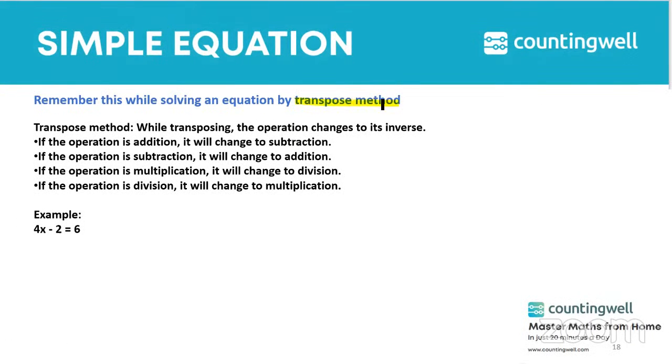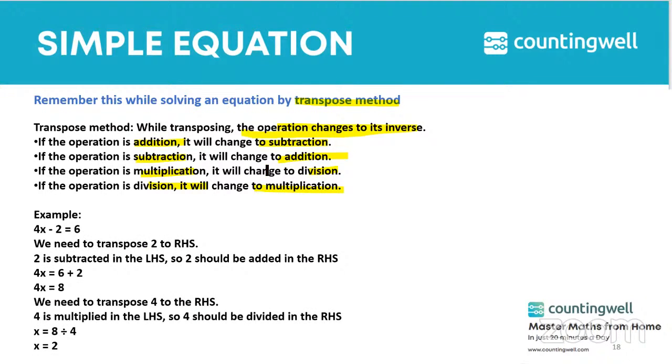In the transpose method, the operation changes to its inverse. That means addition will change to subtraction, subtraction will change to addition, multiplication will change to division, whereas division will change to multiplication. So the interchanging will be from addition to subtraction, subtraction to addition, multiplication to division, division to multiplication.